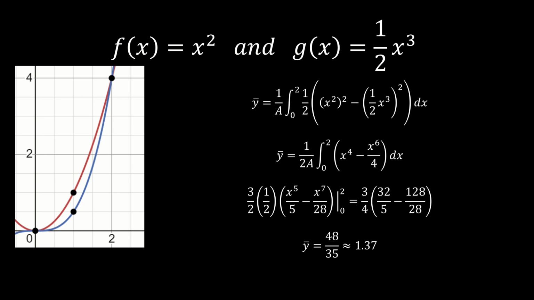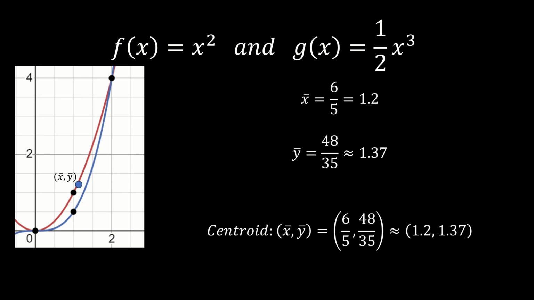From the range 0 to 2, that gets us 3/4 times the quantity of 32/5 minus 128 over 28. That gives us the exact value of 48 over 35, which, to visualize that would be approximately 1.37 units, whatever unit of length we're using. And then we would just use that to solve for our actual centroid.